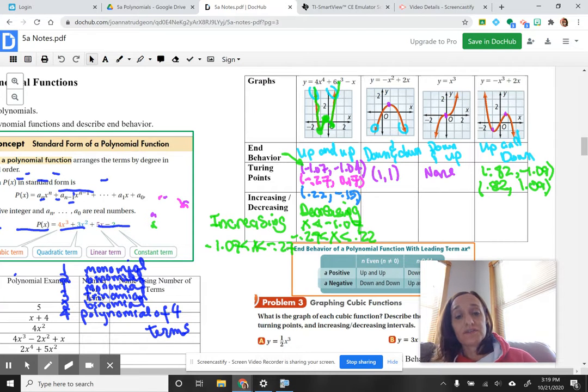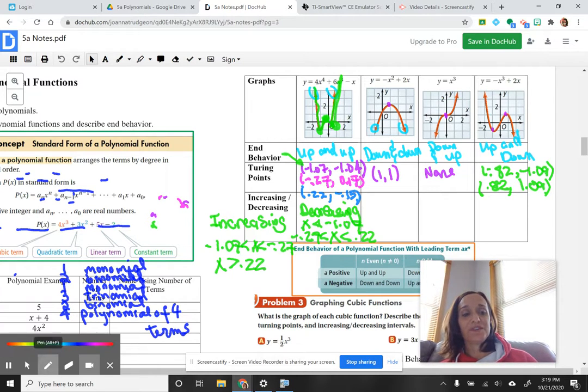And it's also increasing from here and then forever else up that way. So that goes from x is greater than 0.22. Again, starting with the one like that is probably the worst thing to do because that is so many things. Let's do this next one.